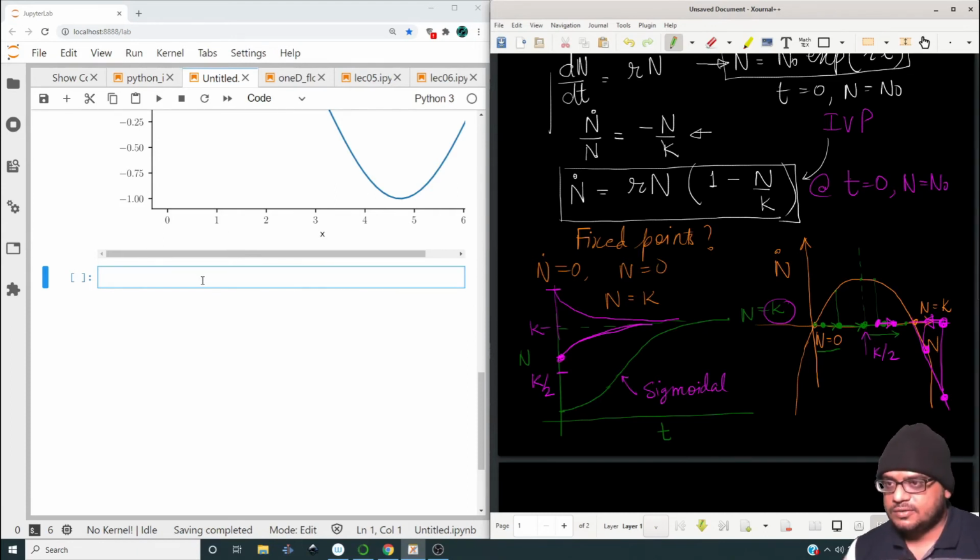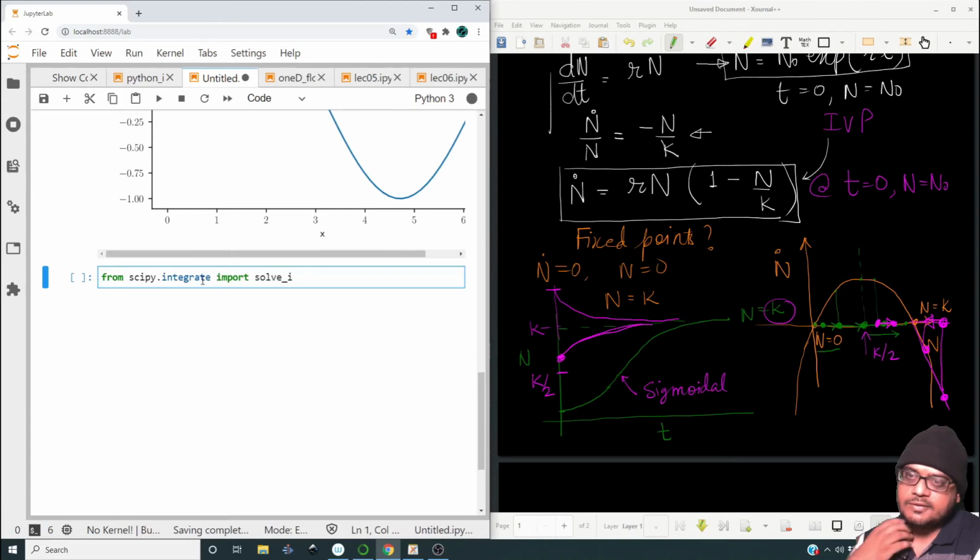Okay, so let us first import the relevant function from scipy. So from scipy dot integrate import solve IVP. So solve IVP is the name of the function which resides inside the submodule integrate inside scipy.